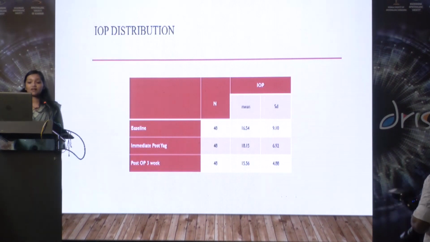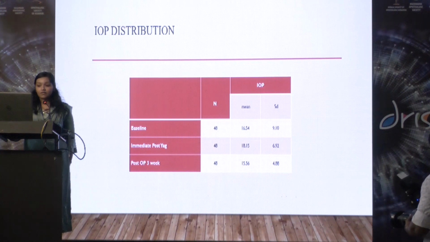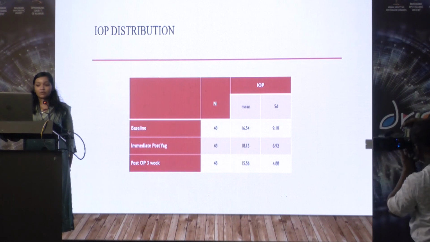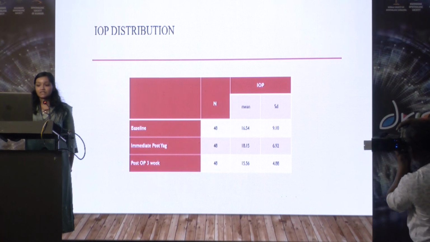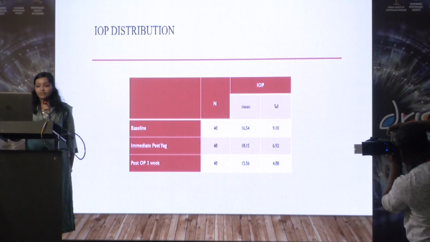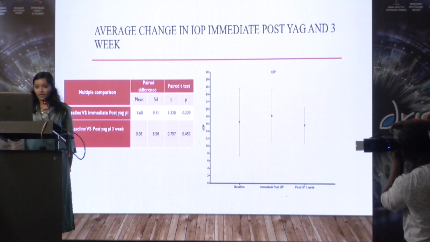This table shows the average IOP. The average baseline IOP was 60.54 plus or minus 9.1. And average immediate post-YAG IOP was 18.15 plus or minus 6.92, and average IOP at post-YAG 3 weeks was 15.56 plus or minus 4.8.